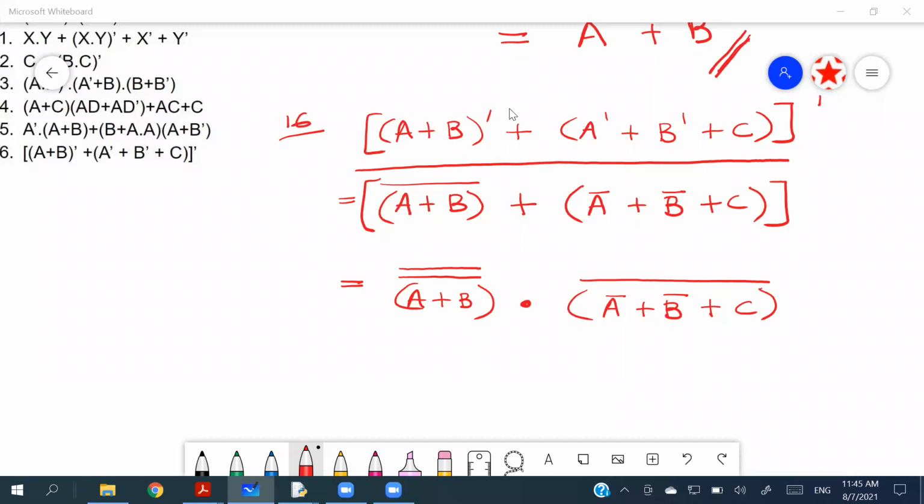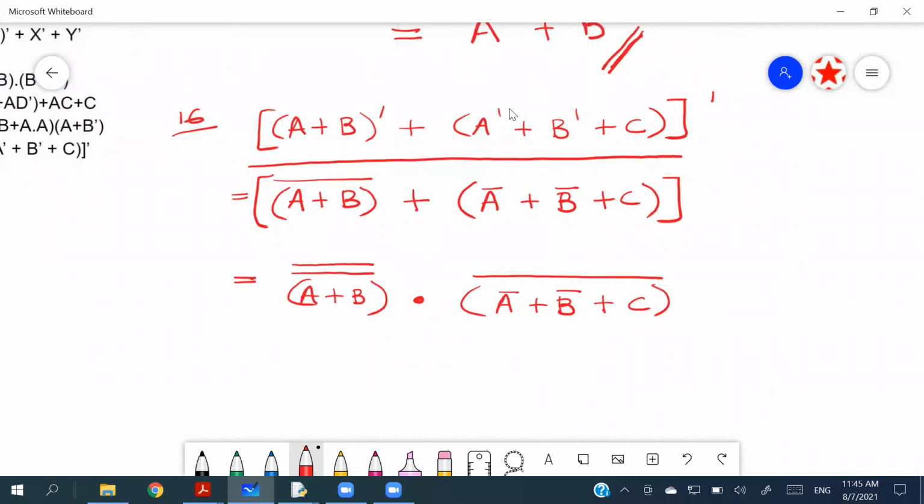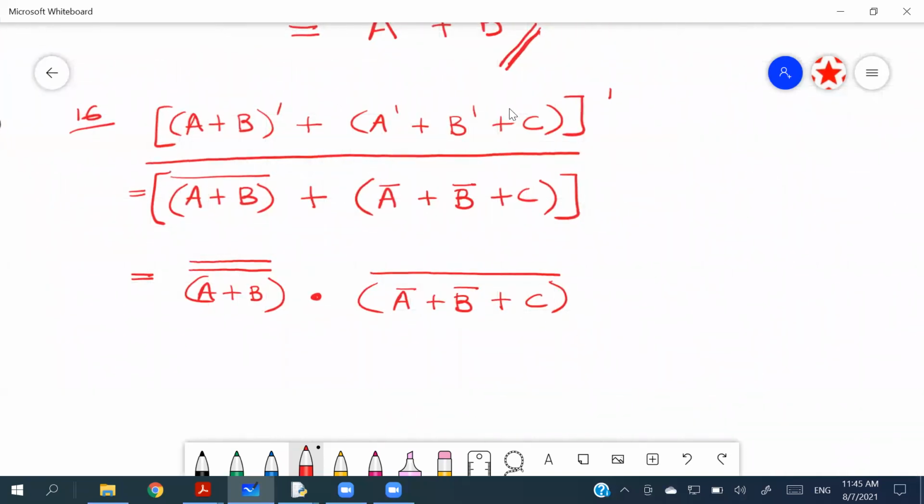Right? So the reason is going to be the De Morgans, right? So we can say x plus y bar equals x bar dot y bar, right? So then we are going to apply the double inverse law to the first term.